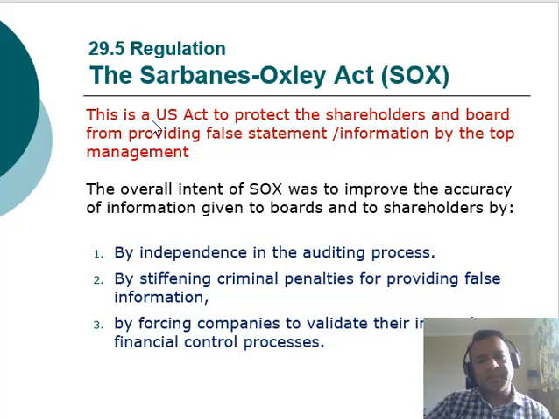Now remember, the SOX Act has been passed in the USA, and the Cadbury Commission Act has been passed in the United Kingdom. The first one is the Sarbanes-Oxley Act. This is a US Act to protect the shareholders and board from false statements or information provided by the top level management to the shareholders.